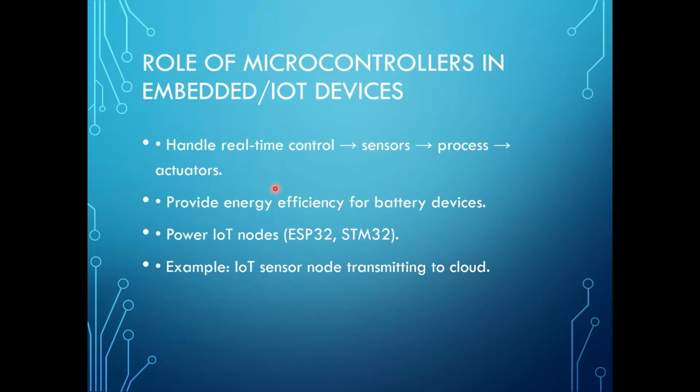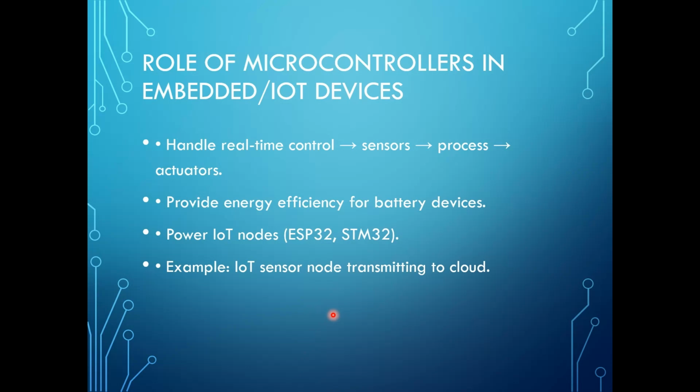So, the role of microcontrollers in IoT and embedded systems. Microcontrollers are everywhere in this world, in IoT and in embedded systems. They collect data from sensors, process it in real time, control the actuators, and sometimes send the data to the cloud.